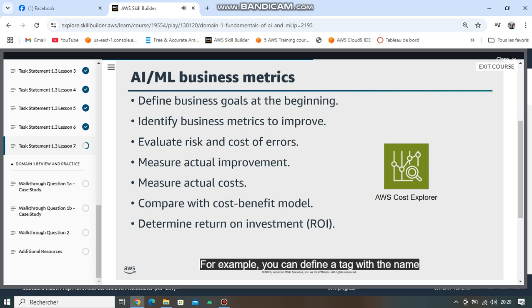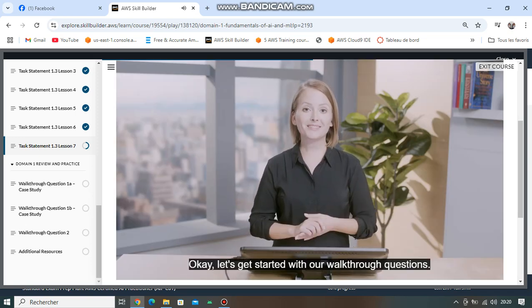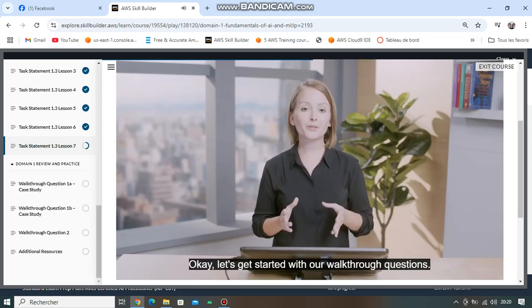For example, you can define a tag with the name of ML project and the name of your project as the value. You add that tag to all the resources used in your pipeline. Then you can filter the cost reports in AWS Cost Explorer to determine the actual AWS charges incurred for the project. Okay, let's get started with our walkthrough questions.